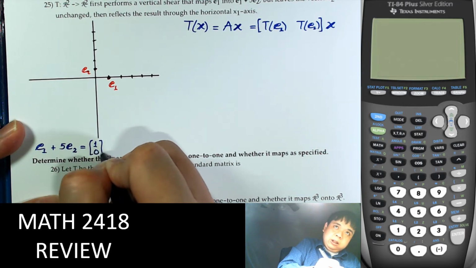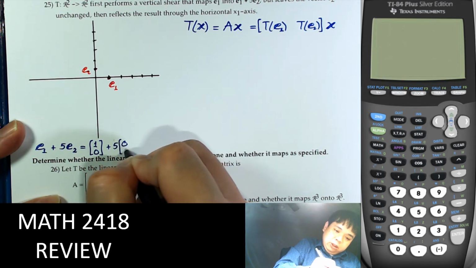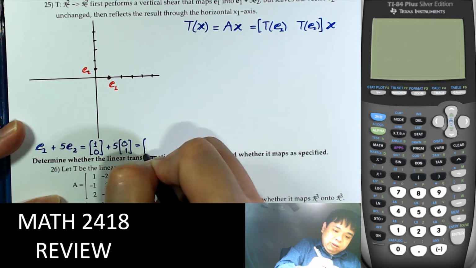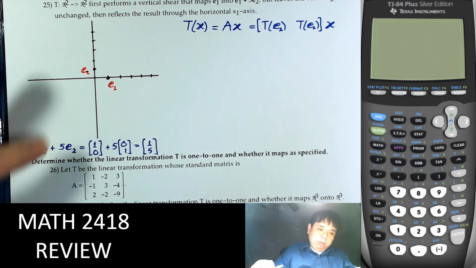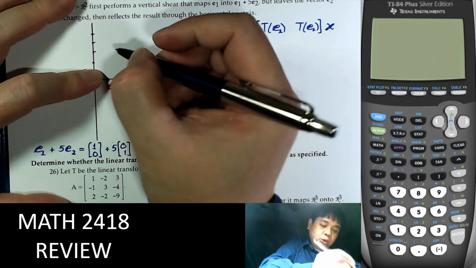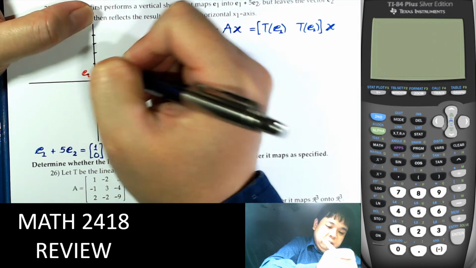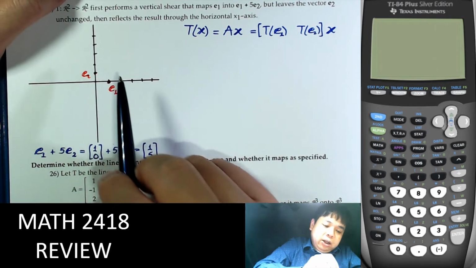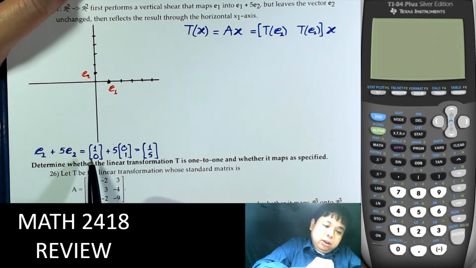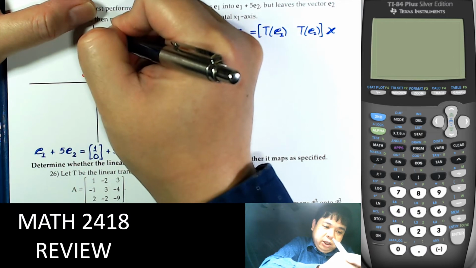That gives us (1, 5). So we map from this point to x equal to 1, y equal to 5. So it maps E1 into E1 plus 5E2. Let's map that point to here.